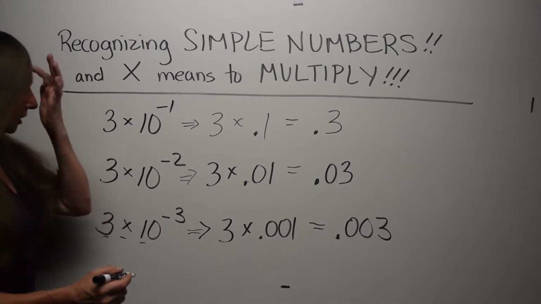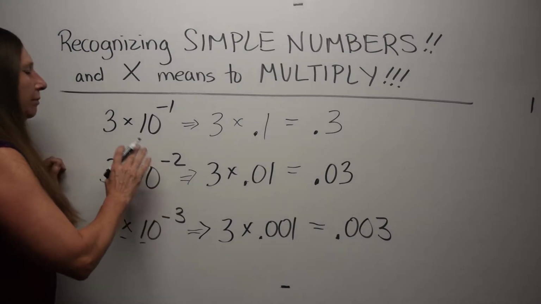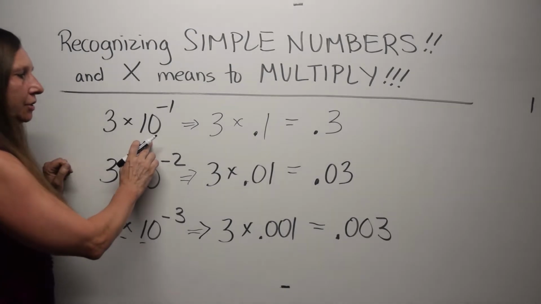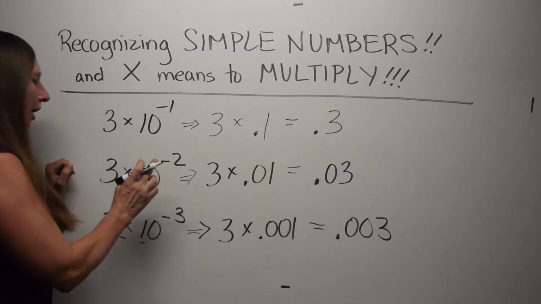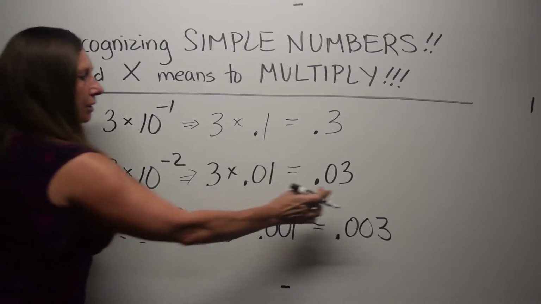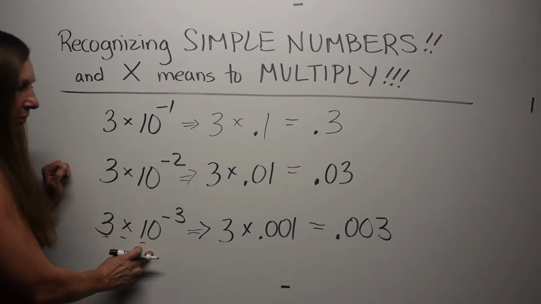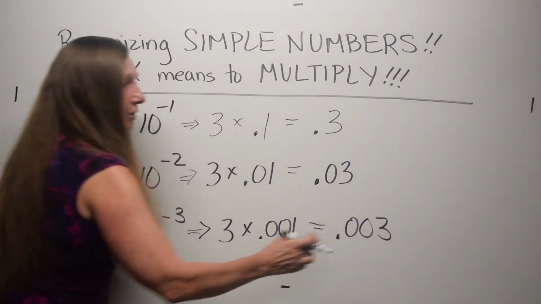All right? So again, you want to be able to recognize when it's the tenths place, 3/10, the hundredths place, 3/100ths, right? The thousandths place, 3/1000ths.